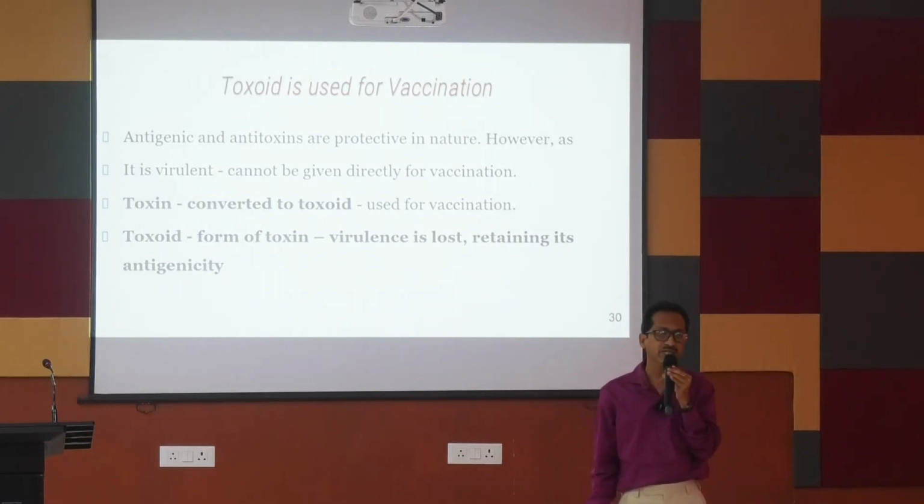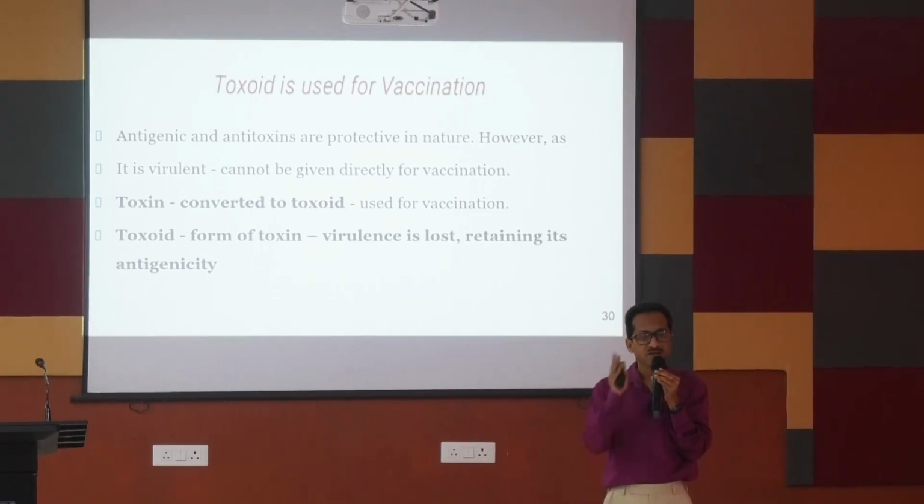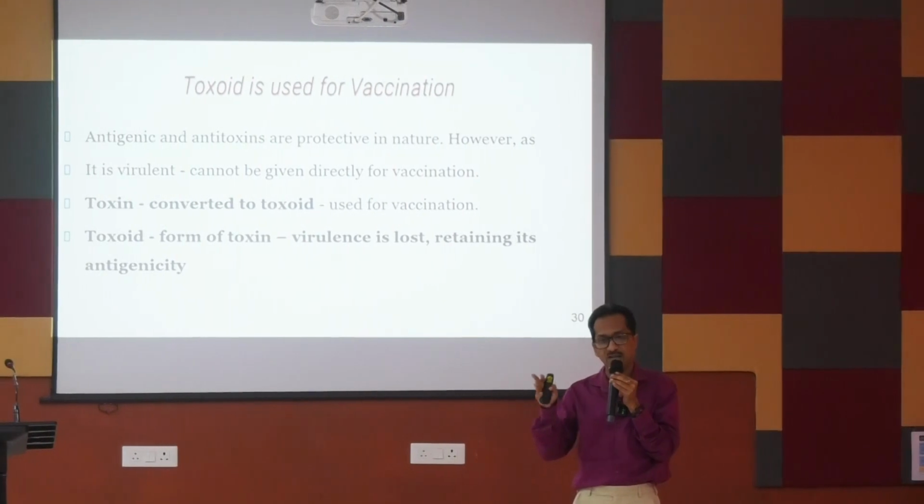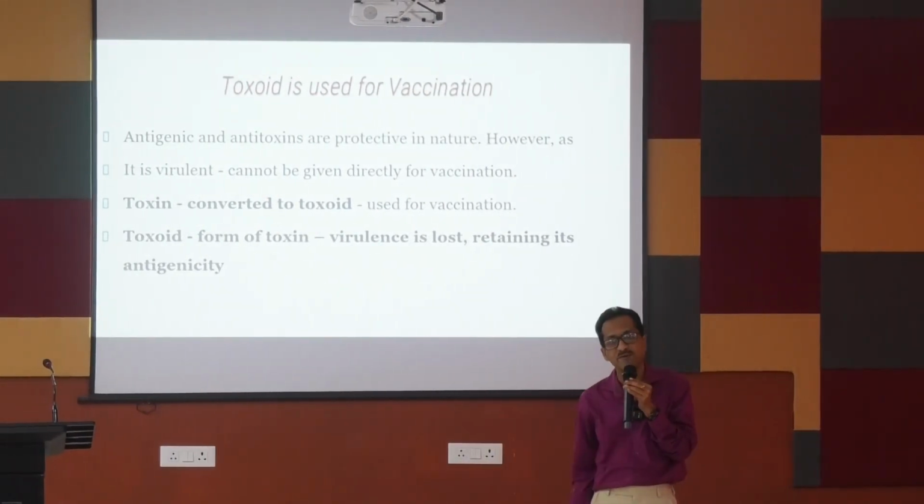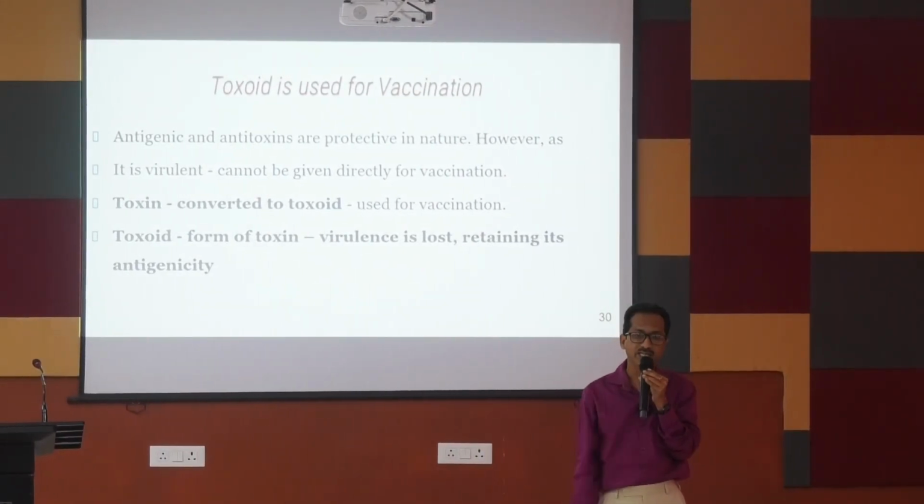What is the vaccine used in diphtheria? DPT. So what is the course schedule of DPT? When do we give DPT? What does DPT contain? D is diphtheria toxoid, T is tetanus toxoid, and P, whether it is a toxoid or killed, is pertussis.